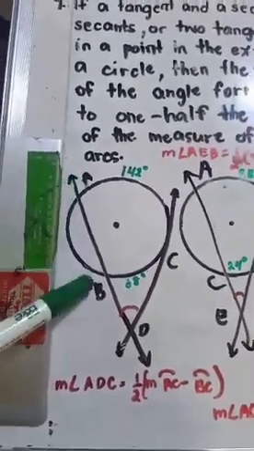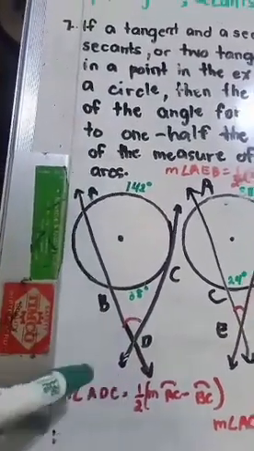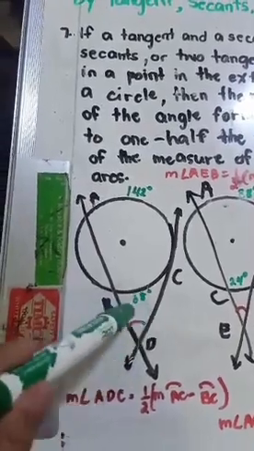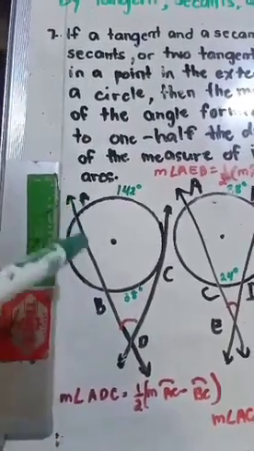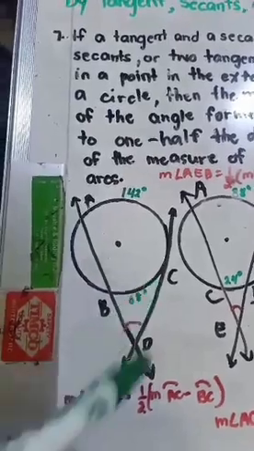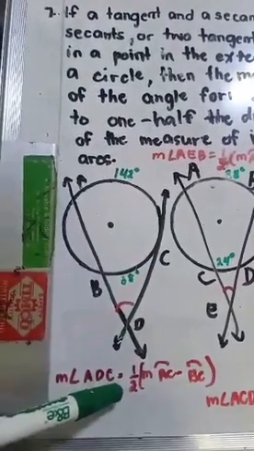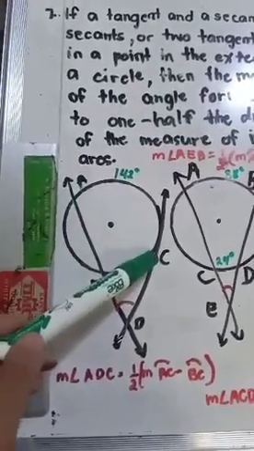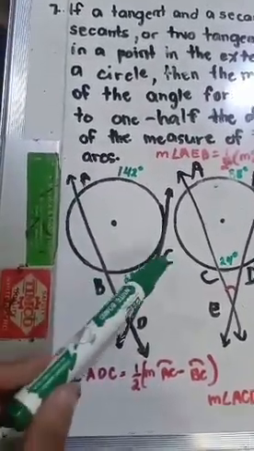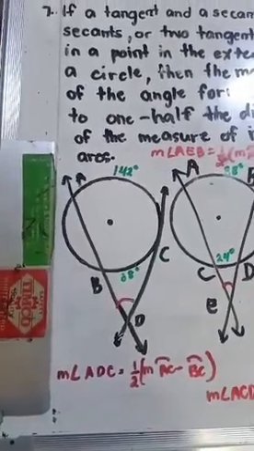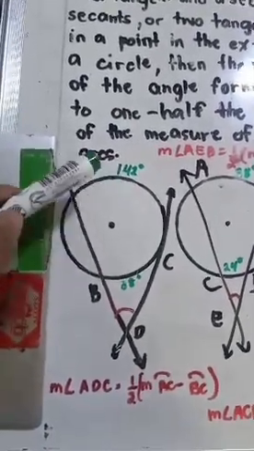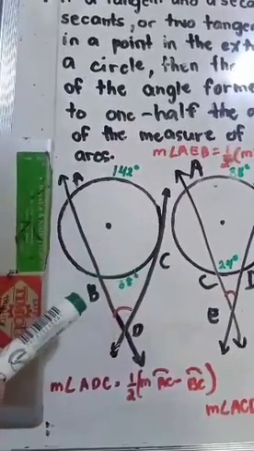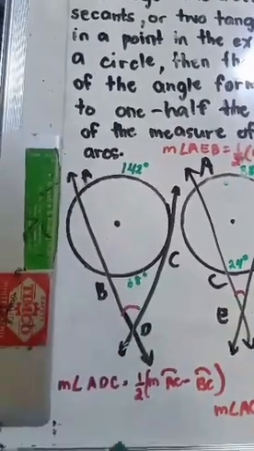They intersect outside the circle, then the measure of the angle formed, that's angle ADC, is half the measure of arc AC minus arc BC. So, we subtract first. For example, we have 142 degrees for arc AC and 38 degrees for arc BC.